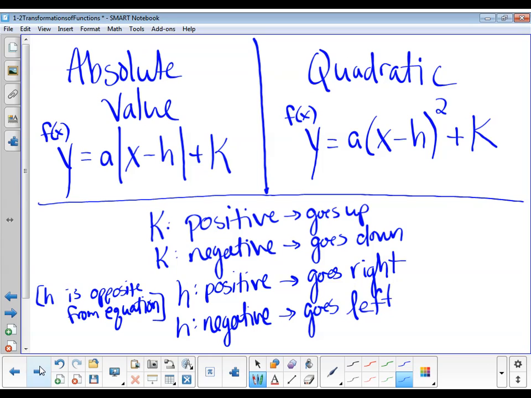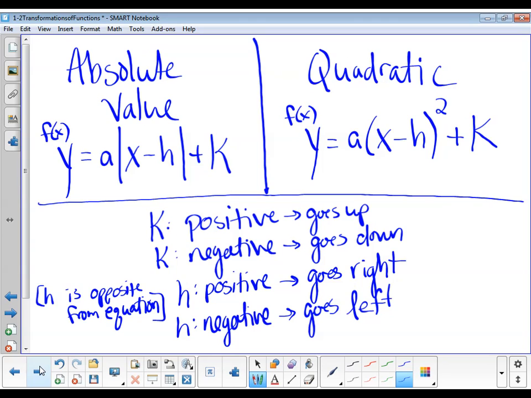Now for h, and notice here I have if h is positive, it goes to the right, and if h is negative, it goes to the left. And you might be thinking, well, wait a minute, we had a movement to the right and there was a negative in the equation. And that's where you have to be careful, because in both the quadratic and the absolute value equations, the formula is x minus h. Because there is a subtraction in the formula, h is going to look opposite from the actual value.